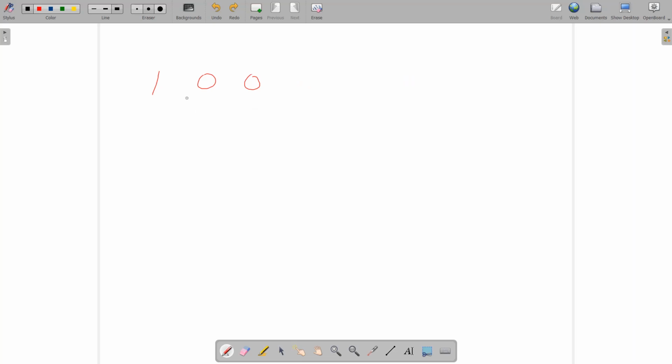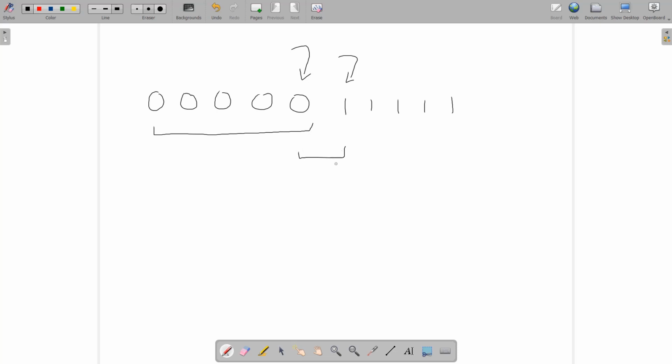Let me take another case like 0 0 0 0 0 1 1 1 1 1. Now you can see that you have consecutive segments of empty seats and then occupied seats. Alex comes and has to sit on any of the non-occupied seats. If Alex sits over here, the distance comes out to be 1.